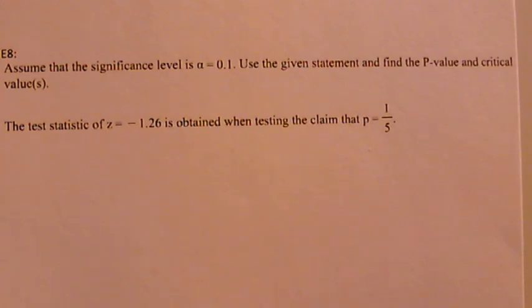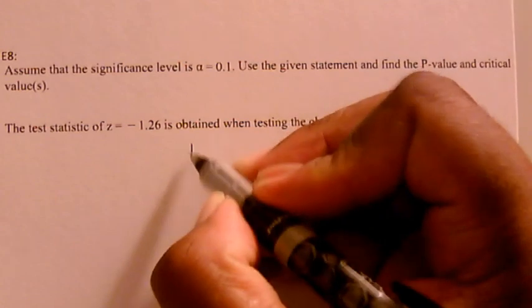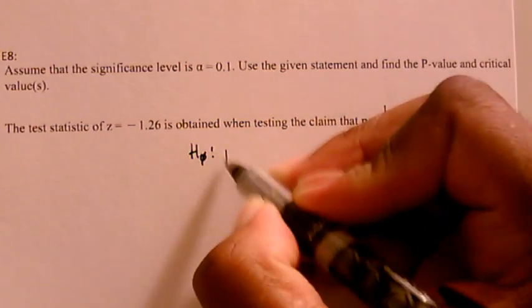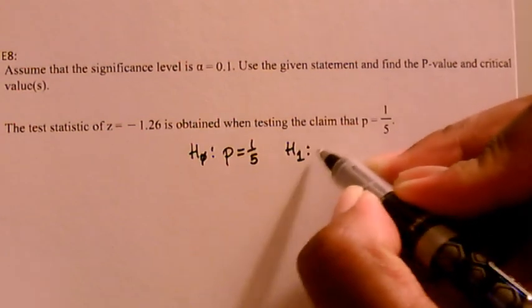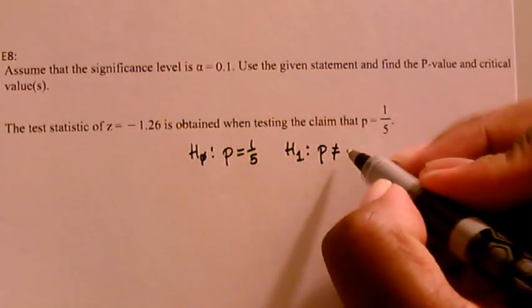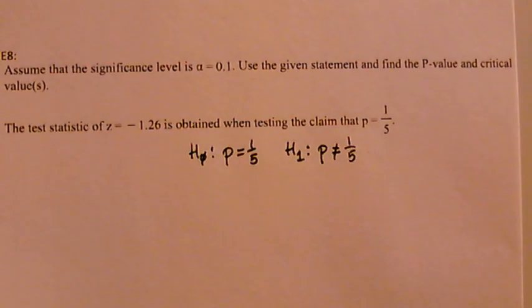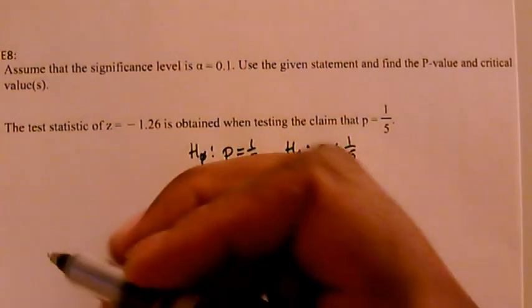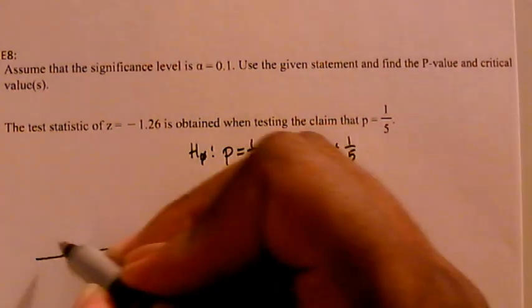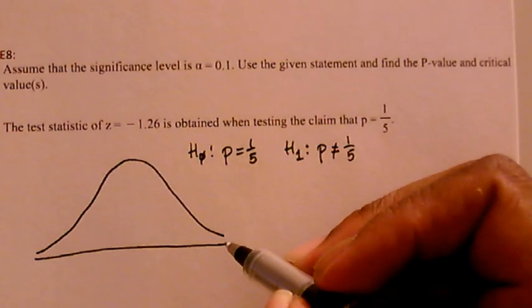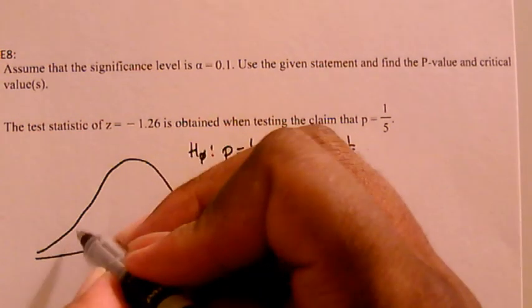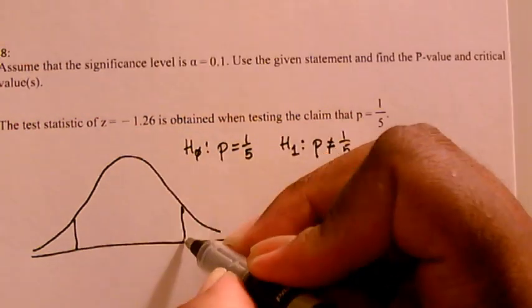Well, that will have to be the null. The alternative will have to be the opposite of equal to, which is not equal to. Okay? p is not equal to 1/5. That's your alternative hypothesis. And based on that alternative hypothesis, not equal to means I have a two-tailed test. Okay? So it's going to be the area in two tails.